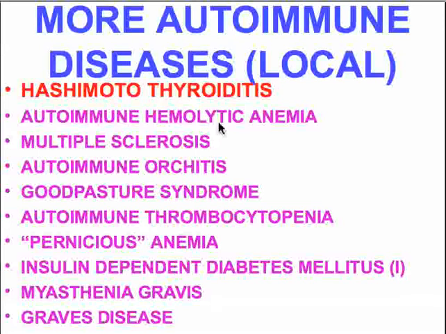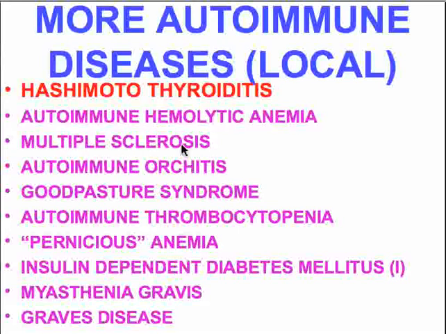So if your patient has Hashimoto's, if the patient comes in with hypothyroidism, you're suspecting the number one cause, you order antibodies against microsomal and thyroglobulin autoantibodies. Autoimmune hemolytic anemia, cells being destroyed by virtue of antibodies attacking antigens on red cell surfaces.